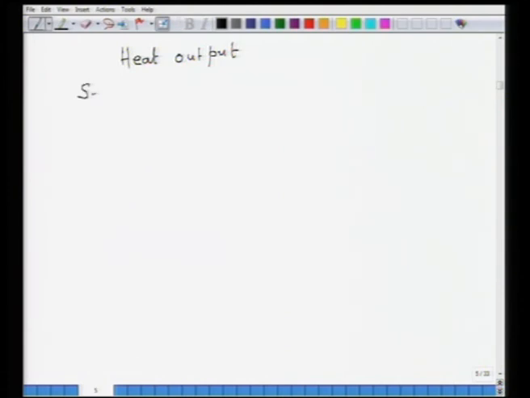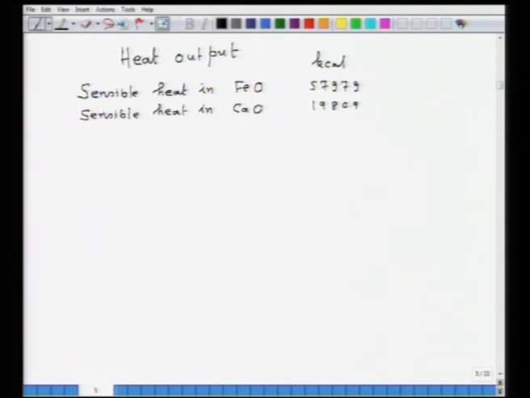The sensible heat in FeO, in kilocalorie, is equal to 57979 kilocalorie. Sensible heat in CaO is 19809.